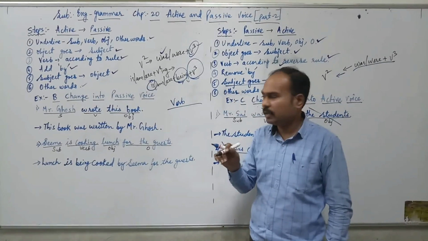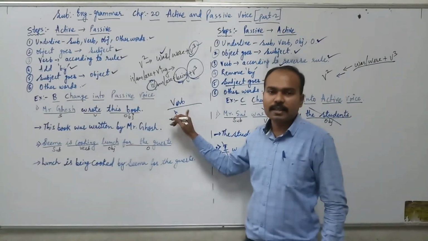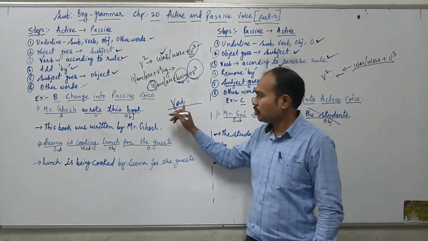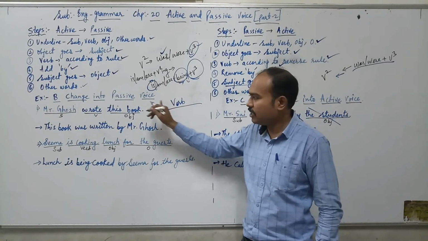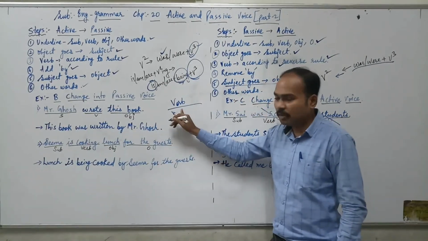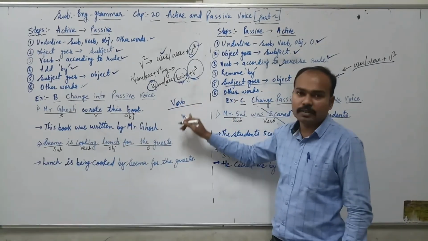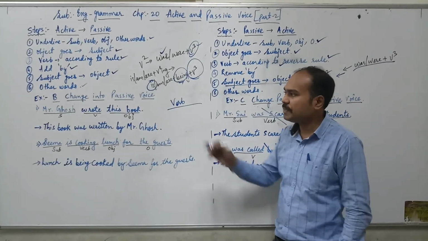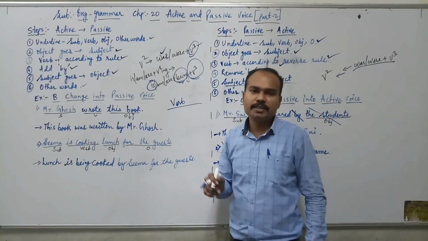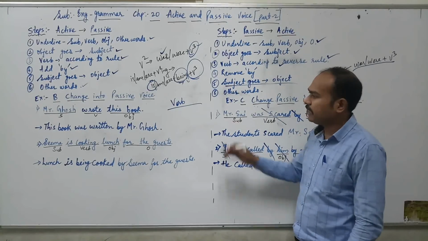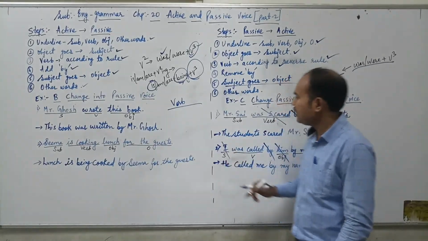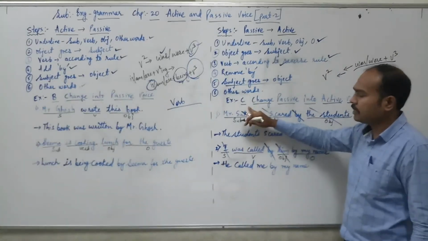You check in that table, you can directly get the answer from there. Okay, so if the verb is in active voice, I write the answer as active voice. Or if the verb is in passive voice, you can write down the answer as passive voice. In this way, exercise A is very easy to be solved. So we have done with exercise A, B and exercise number C.